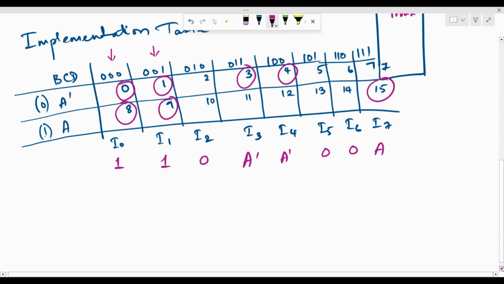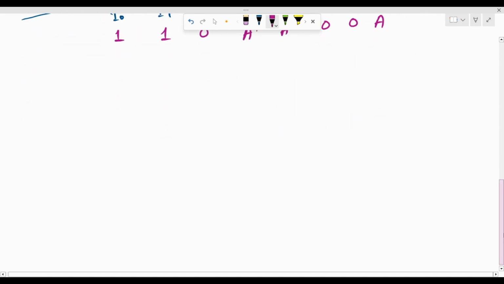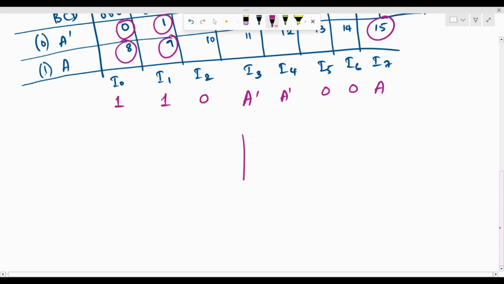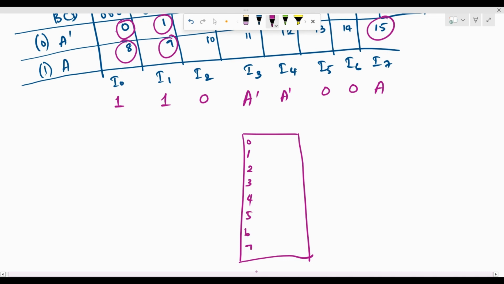So when we draw this, we can draw it in this manner. We have the 8 cross 1 mux. We have inputs 0 to 7. Here B, C, and D are the select lines. Output is F for this 8 cross 1 mux. Here I0 and I1 are connected to plus 5 volts, that is, they are high.